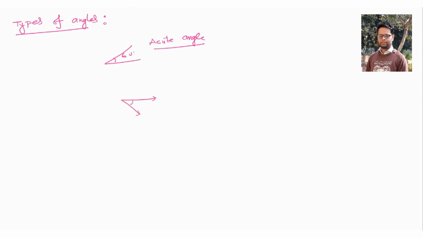This angle is 35 degrees. This is also an acute angle. If this one is 80 degrees, this is also an acute angle. So these are the types of acute angle.